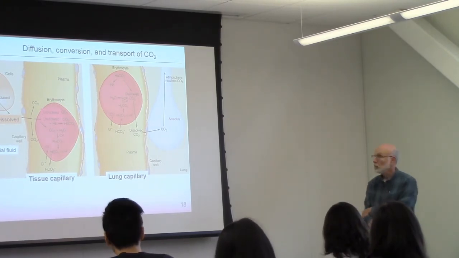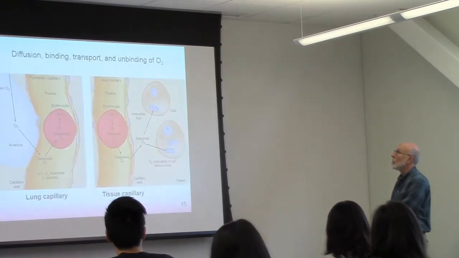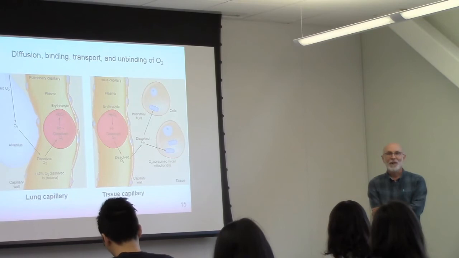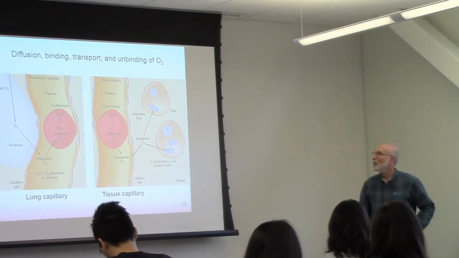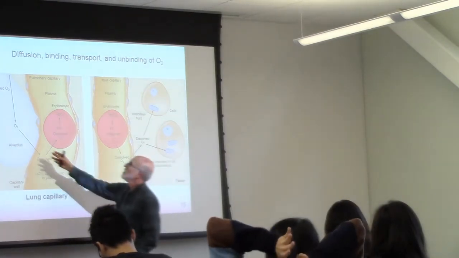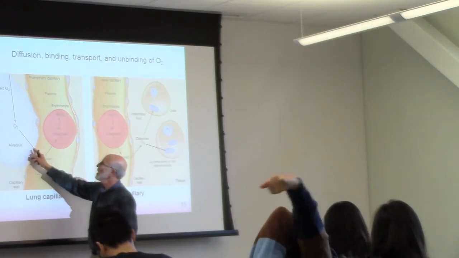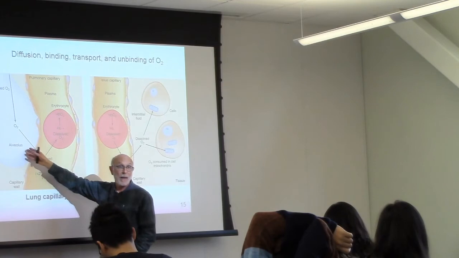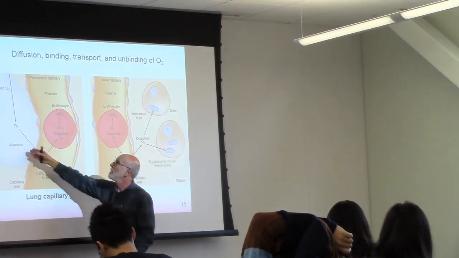And in principle, you should be able to do the same thing for oxygen, except that it's really simple. All the details I was telling you about: diffusion, type 1 cell. So this is now in the lung. We're starting with the lung, not in the capillary, not in the body.